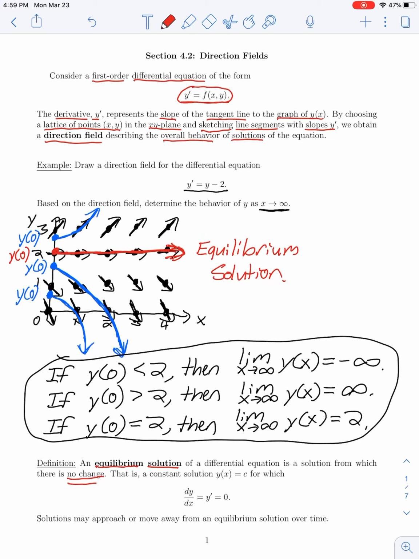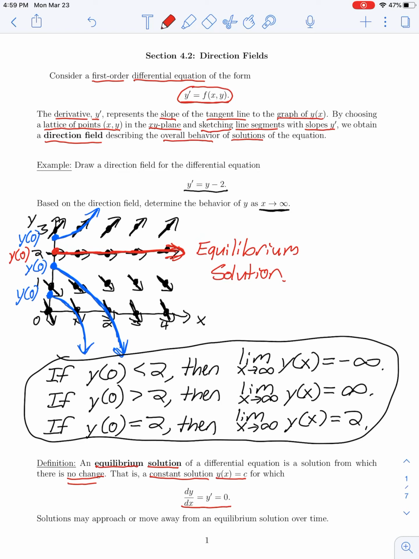In other words, a constant solution, so y of x is equal to some constant c. In order to find equilibrium solutions, we're looking for where there is no change. Where is the rate of change, or the derivative of y, equal to 0? And we saw, at least from our first example, that all of our solution curves in blue, so any initial condition other than 2, tended to move away from that equilibrium solution in red.